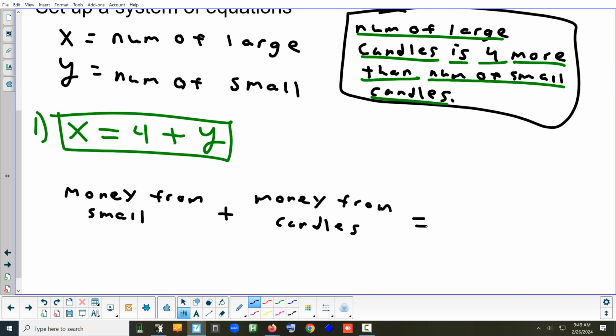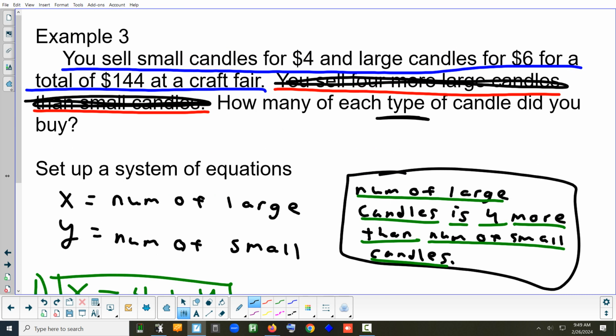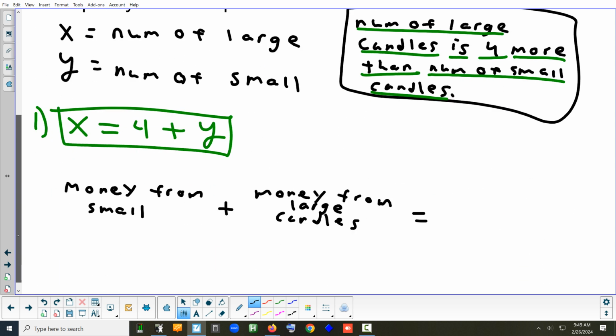If we take all the money we made from selling small candles and all the money we made from selling large candles, how much money did we make? 144. We made $144 from all the candles we sold.